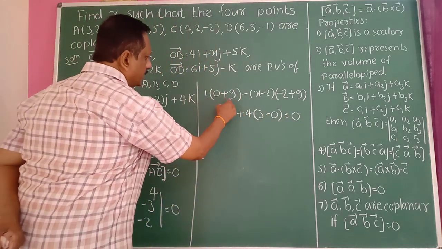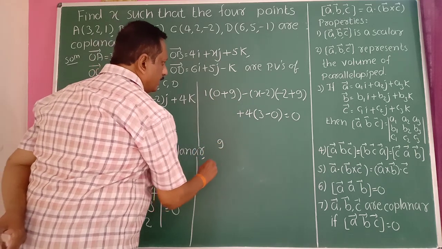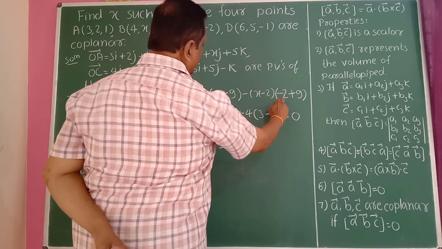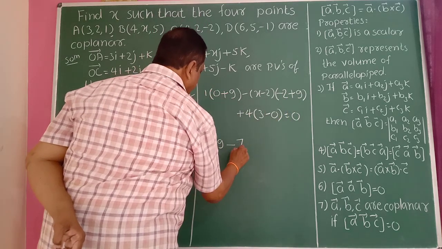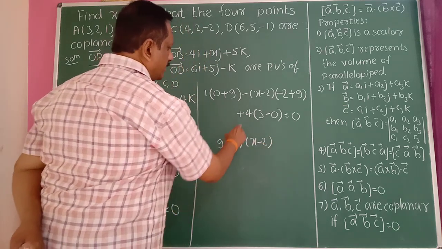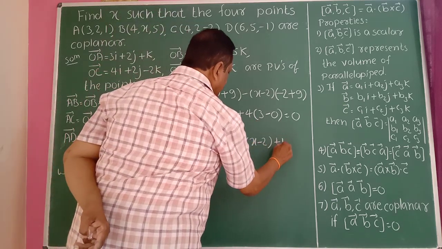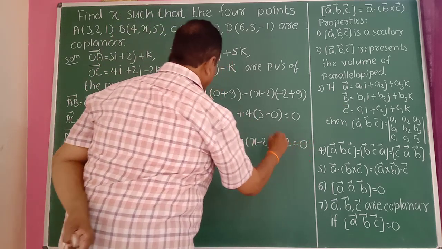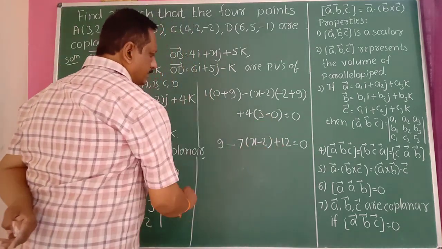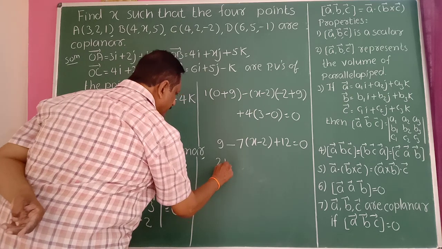Therefore, 1 into 9 is 9 here. Then minus of (9 minus 2 becomes 7), 7 into (x minus 2) here. Then the third term is 12. So 9 plus 12 is equal to 0. Therefore, 9 plus 12 is 21 here.